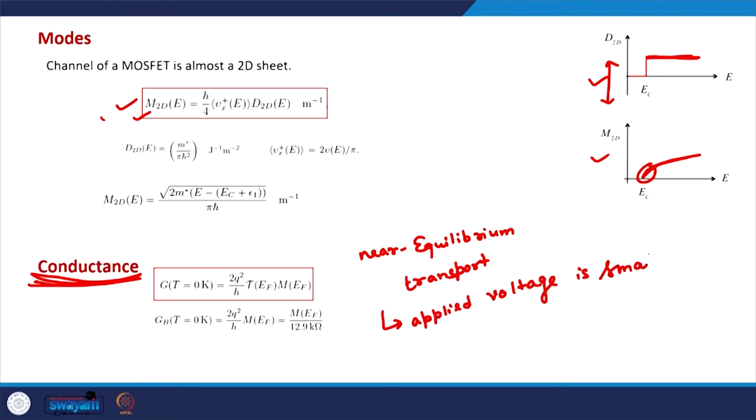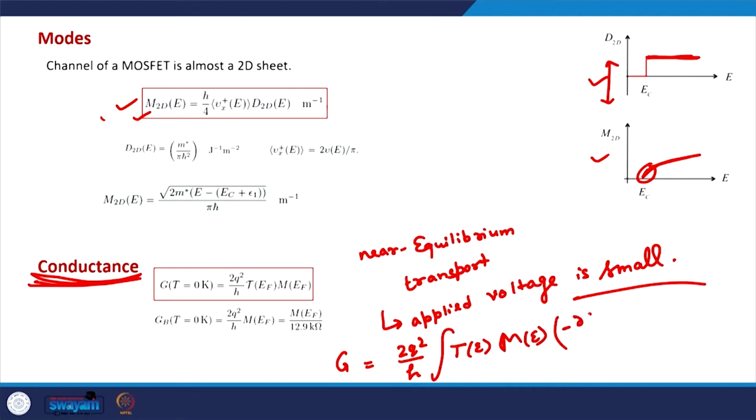So at small applied voltages the conductance is given by 2q squared by h, from the current expression, T(E) M(E) times minus dF/dE integrated over energy.